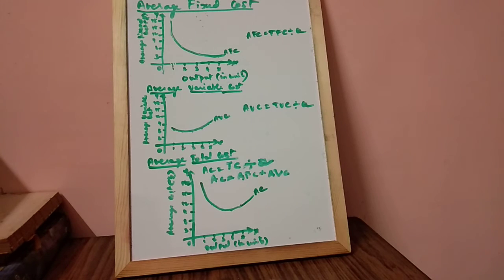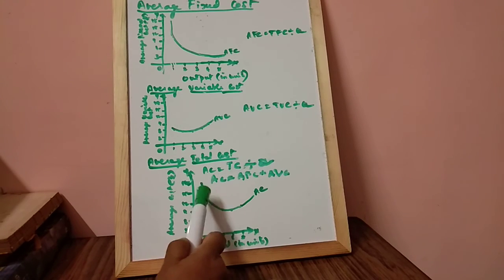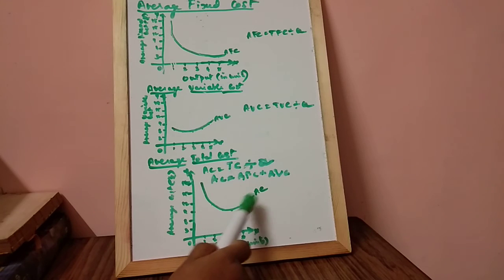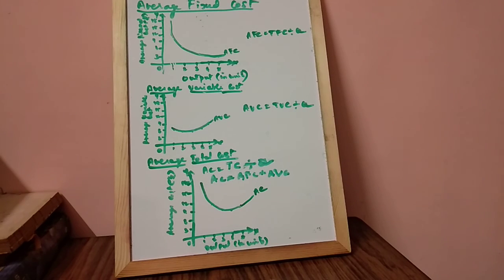When output was 2, AFC is 6, AVC is 5, so AC is 11. When output is 3, AFC is 4, AVC is 5, so AC is 9. When output is 4, AFC is 3 and AVC is 6, so AC is 9. When output is 5, AFC is 2.40, AVC is 7, so 2.40 plus 7, 9.40. That is what is plotted here.